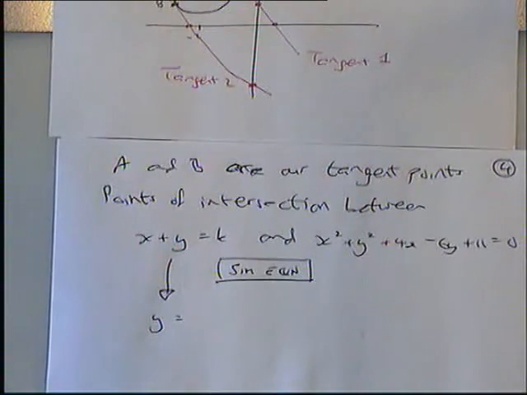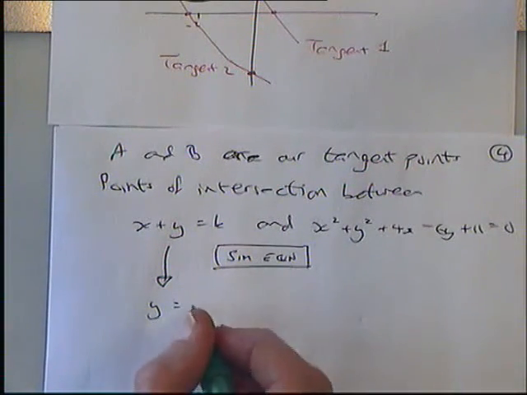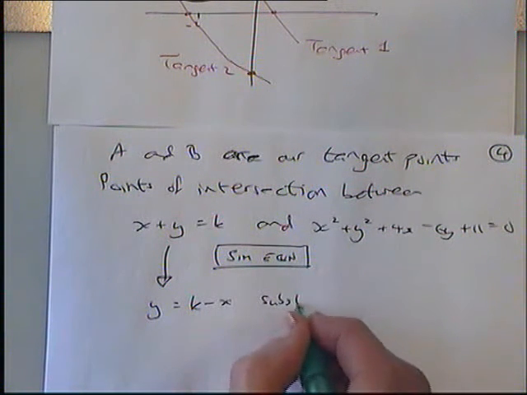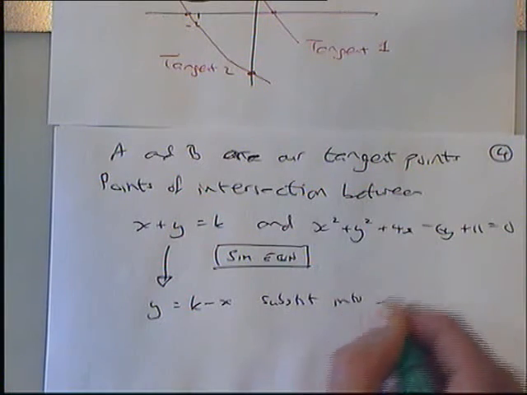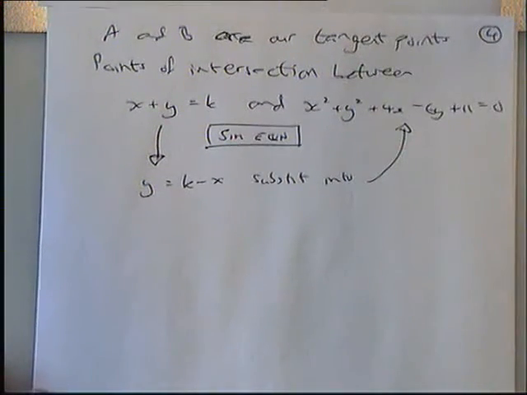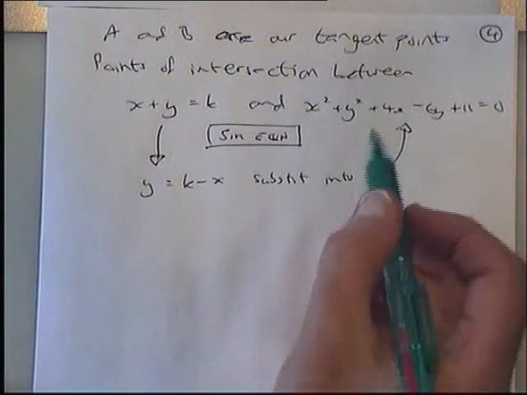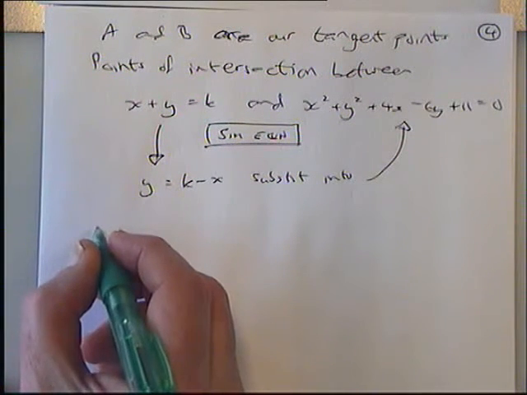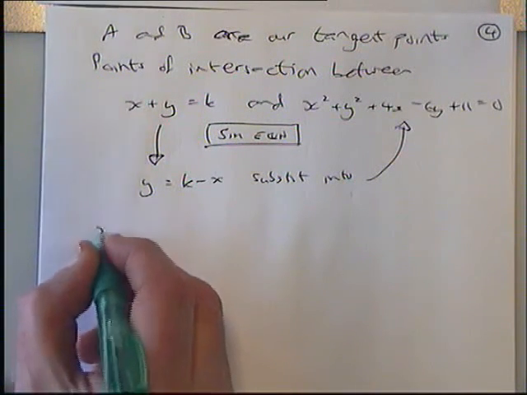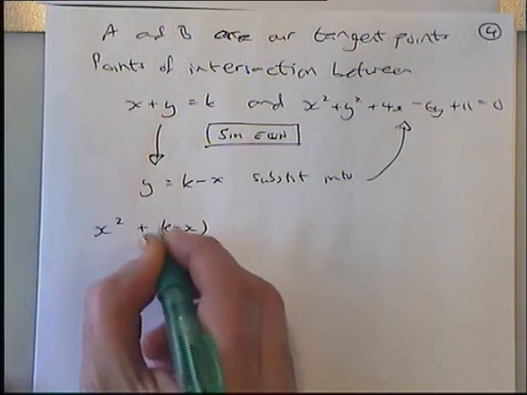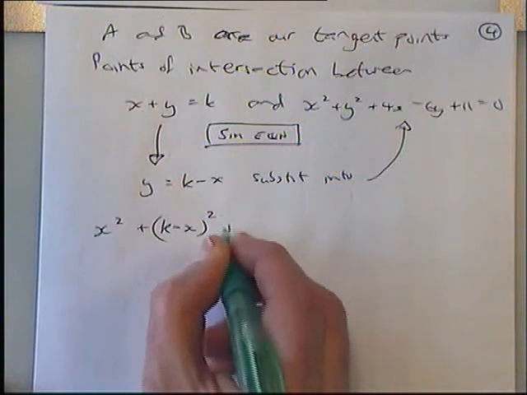What will y be equal to for that one? k minus x, okay? And I can substitute that into my circle one there. So I will rewrite my circle equation, but every time I see a y, I will write k minus x instead. So I'm going to get x squared plus y squared.